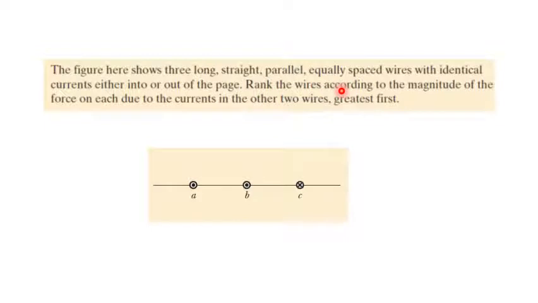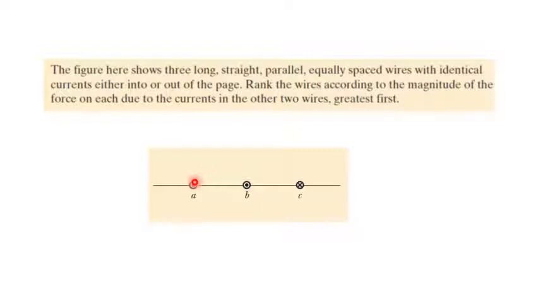Rank the wires according to the magnitude of the force on each due to the currents in the other two wires, the greatest first. So we want to find the force at each wire, and the greatest force would be first, then the following one and so on.